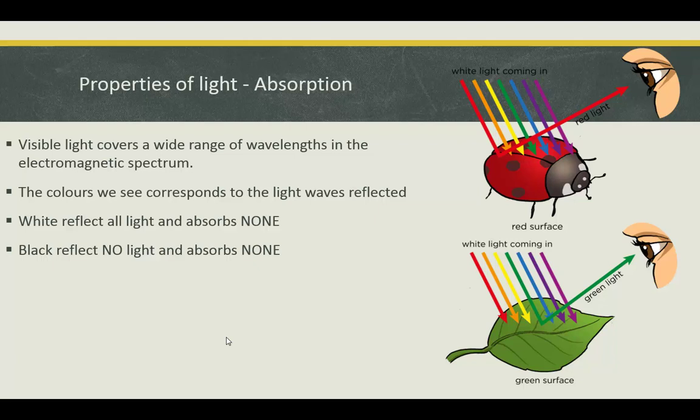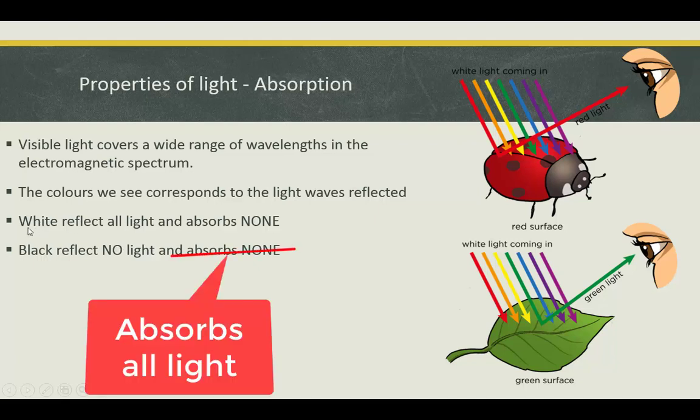Now, what's very important, and I see there's a little mistake here in the slideshow. It says white reflects all light and absorbs none. Black reflects no light and absorbs none. It should actually be that black reflects no light and absorbs all light. So I'll just fix that there for you. There we go. That's better.